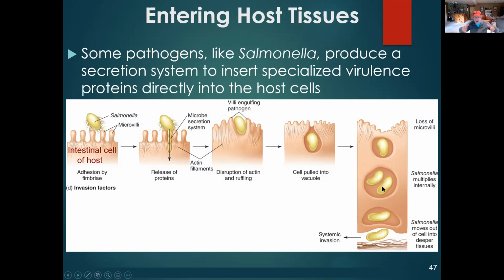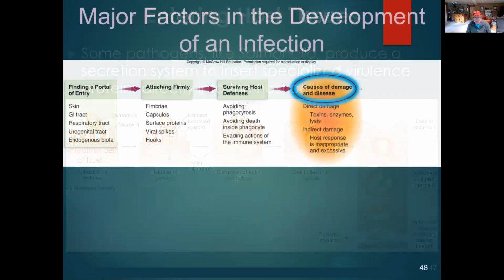It starts to divide and multiply inside this vacuole, inside the intestinal cell, and eventually it can make its way past that simple columnar cell that lines the mucosa, and then get down into deeper tissues and perhaps be carried away by the bloodstream and set up a more systemic infection within the organism, within you. So it's got a lot of interesting tricks up its sleeve, doesn't it? Salmonella does.